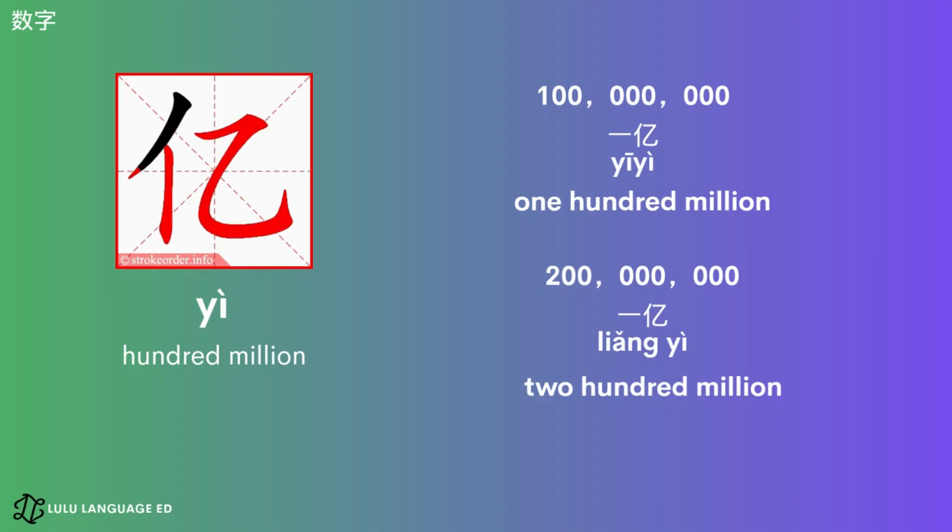So 一亿. Okay. 200 million in Chinese is 两亿. That is 2 of 100 million or 2 pieces of 100 million. 两亿. 300 million. Can you say it? Yes. 三亿.